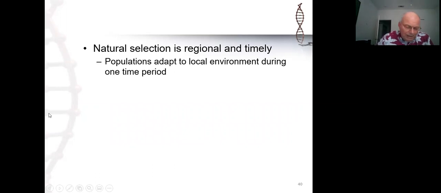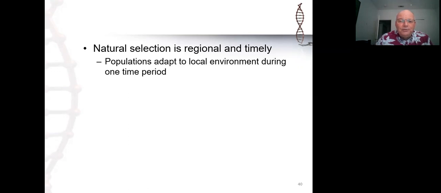The only other thing that we have to state here, this is point number 5, is that the features that are favored have to be appropriate for the time and location. As stated here, regional and timely. In other words, they have to be appropriate at the time and they have to be appropriate in that physical location.